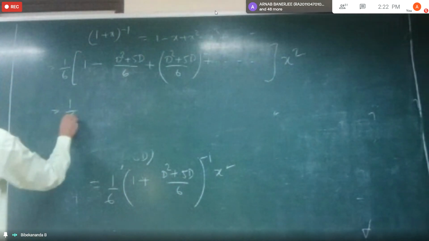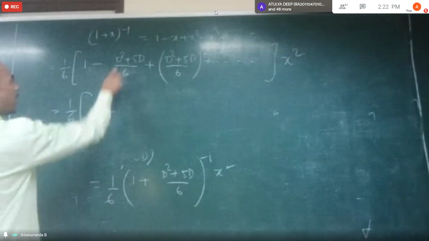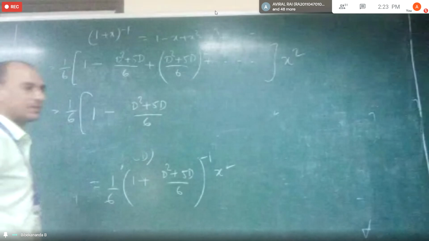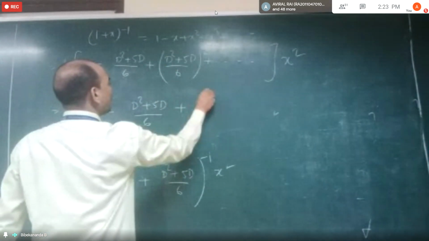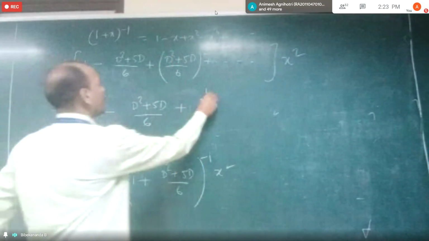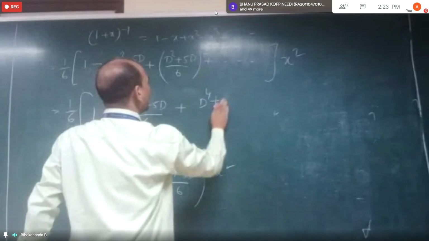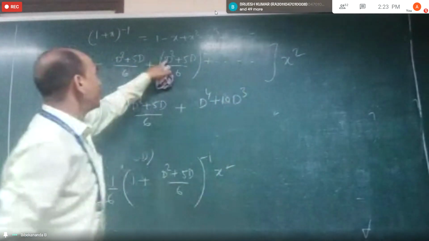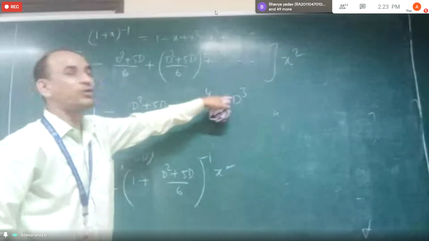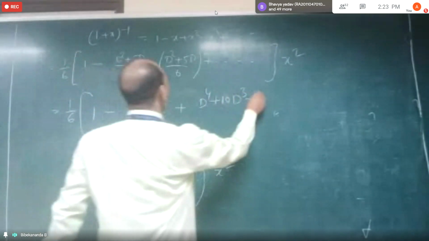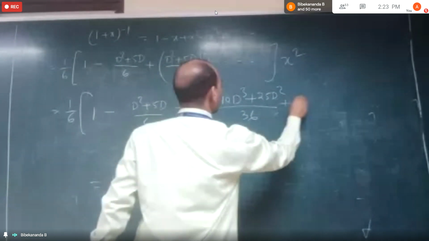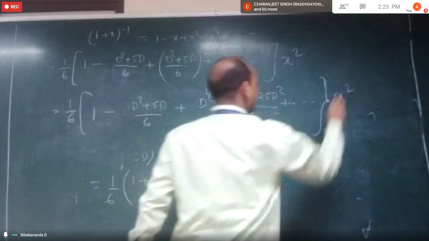This is equal to 1 by 6, and 1 minus this is d square plus 5d divided by 6, and this one will be d to the power 4. (a plus b) whole square, so a square plus 2 into d, 5 into, so 10 d cube, a into b is 5 d cube, 2 into 5 d cube is 10 d cube, and plus 25 d square divided by 36, and so on, into x square.